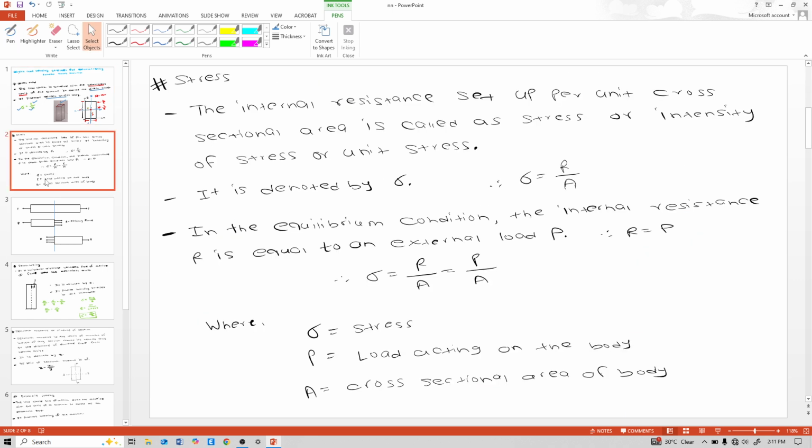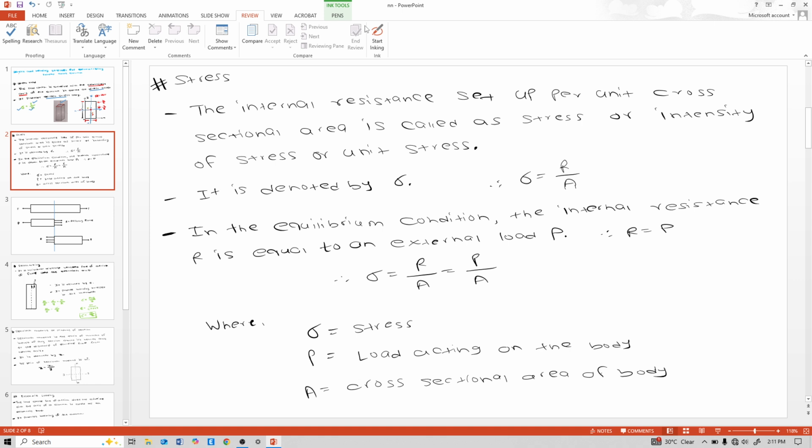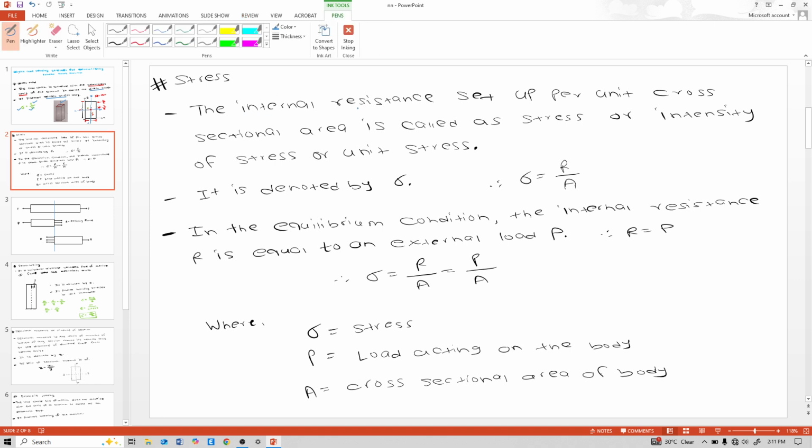See here, I have written that stress is the internal resistance set up per unit cross sectional area. So this is internal resistance and cross sectional area.